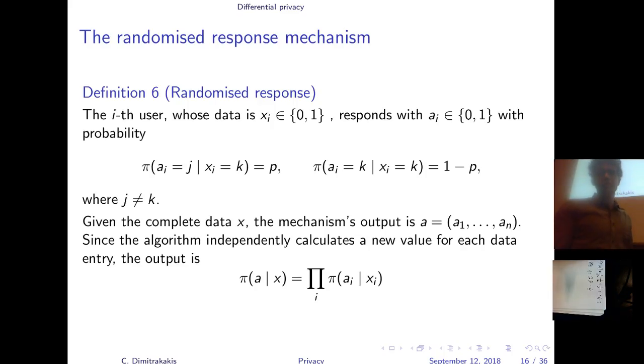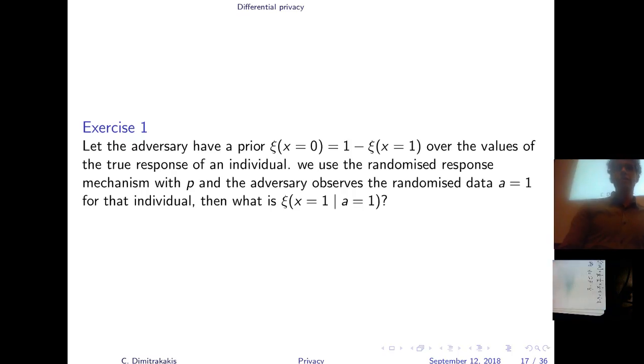Randomized response is defined this way: with probability 1 minus p, I say the truth, and with probability p I lie, or randomly lie. Then what is the probability that my data is really 1 if he sees my response to be 1? This of course depends on the prior in some way, but it's useful to think about what the actual posterior is that the adversary would have.